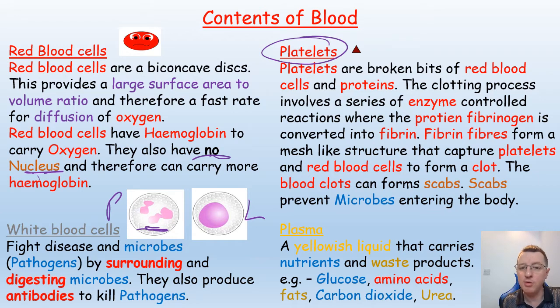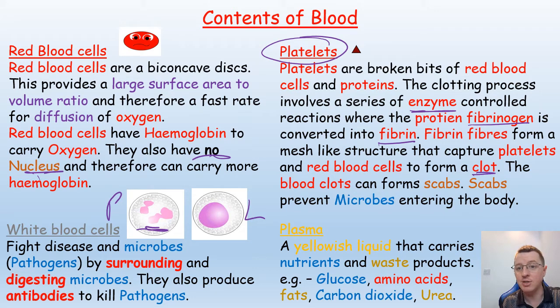The clotting process itself involves a series of enzyme-controlled reactions where the protein fibrinogen is converted into a different protein called fibrin. Fibrin fibers then form a mesh-like structure, almost like a sieve, that will capture platelets and red blood cells to form the clot itself. The blood clot can then form the scabs, and the scabs will prevent microbes entering.